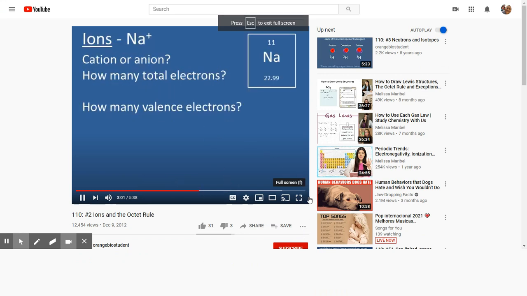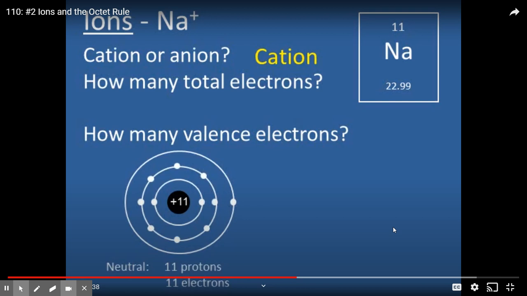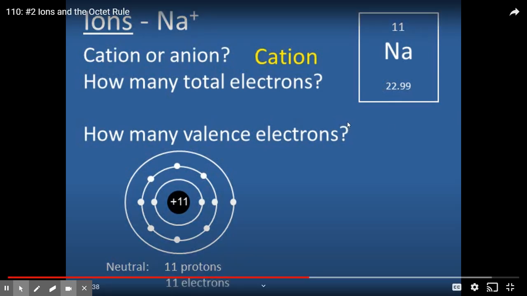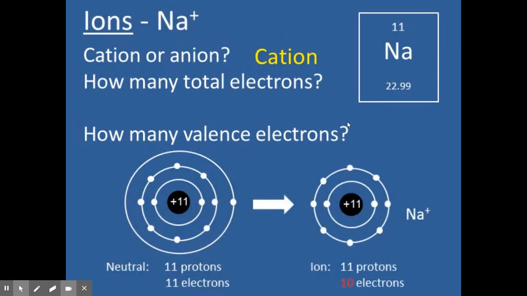All right. Okay, so for sodium ion, you see it's positively charged, which means it's a cation. Now, if we do our orbital diagram for sodium in the neutral state, we see that it has that 1 valence electron on the outer ring. That 1 valence electron is easily lost to fulfill the octet rule and give sodium ion a stable outer orbital.